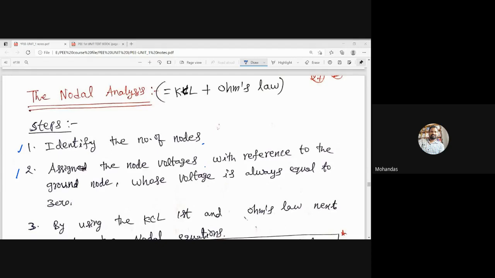Assign the node voltages with reference to the ground node, whose voltage is always equal to 0.